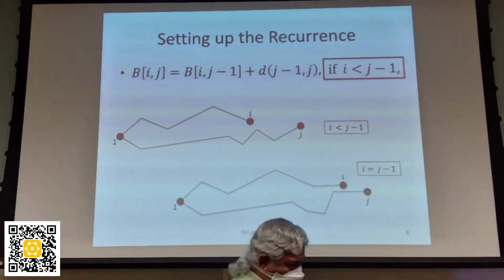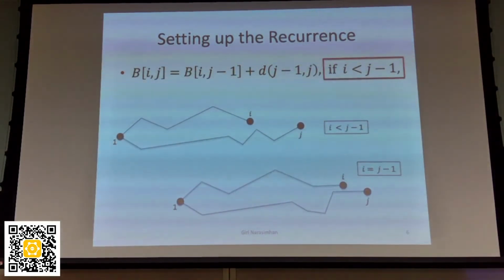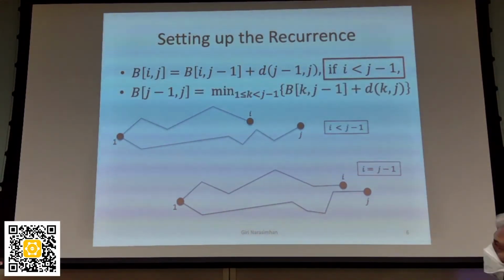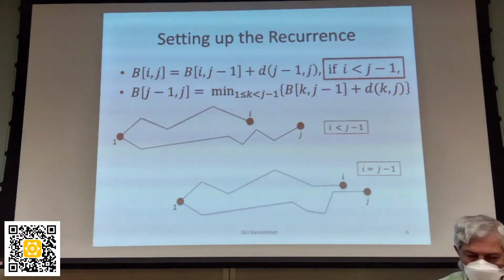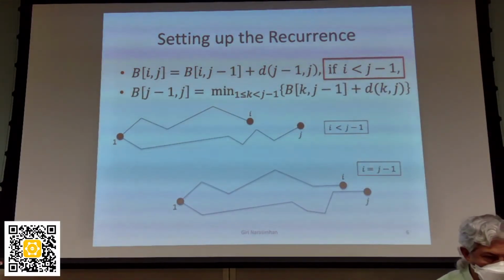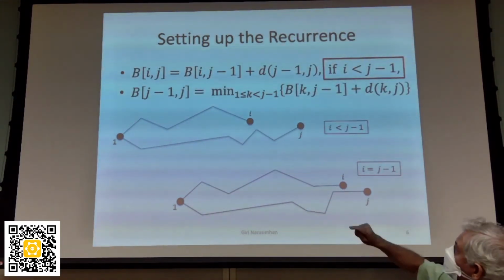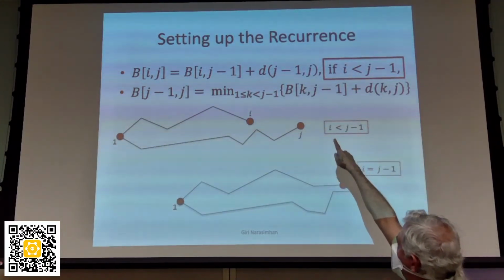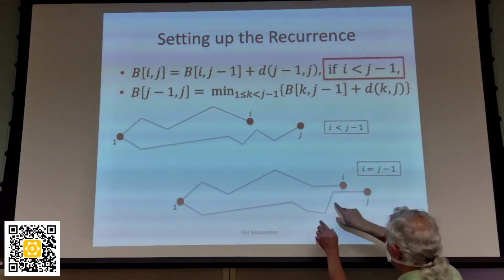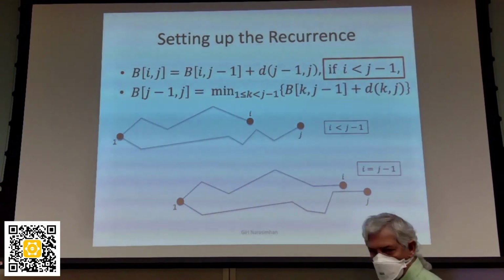So if you do it this way, then your recurrence turns out to be: there is some point k over here that's going to be directly connected to j. So you're going to get that distance k to j. And then you just remove this edge, the last edge that you added.